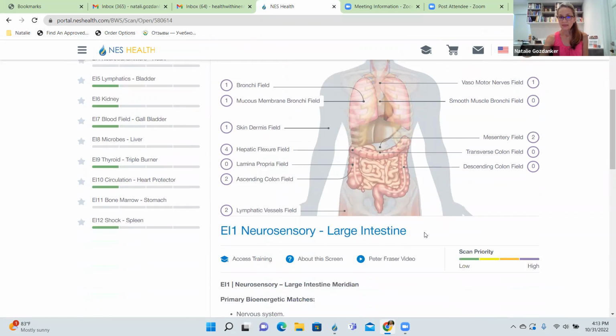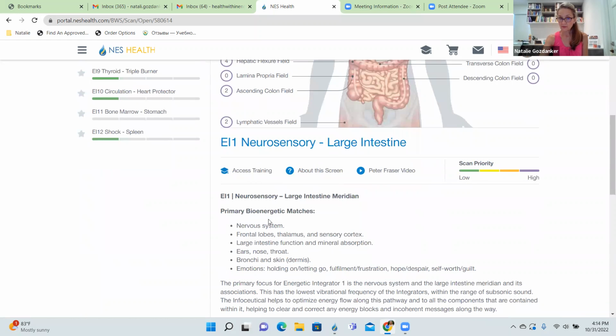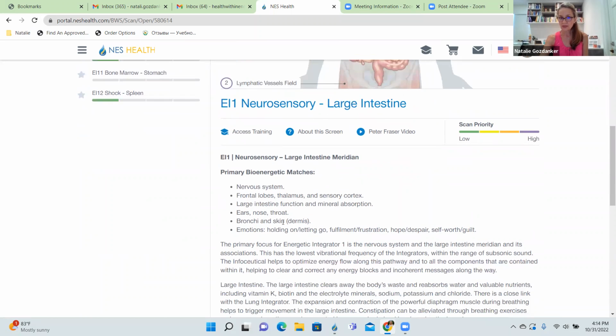So we'll look at the functionality of the nervous system, of the frontal lobes, thalamus, and sensory cortex, large intestine function and mineral absorption, ear, nose, and throat, bronchi, and skin, and even emotions. Because you remember, integrators cover the high frequency of the emotions and the consciousness.